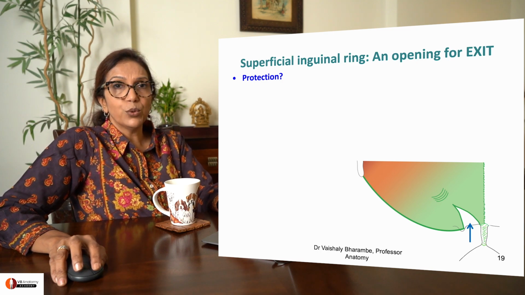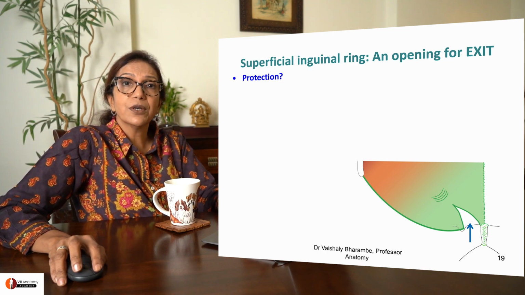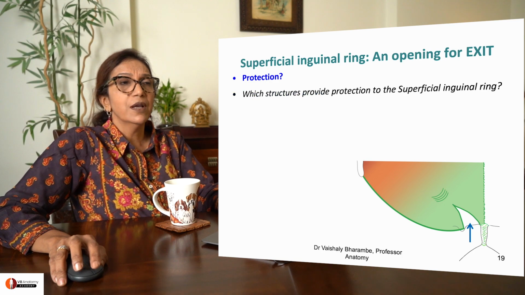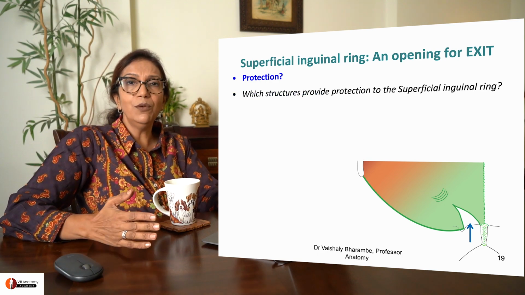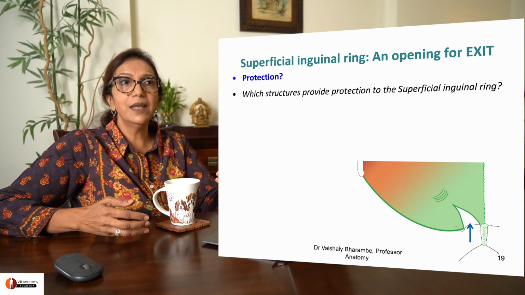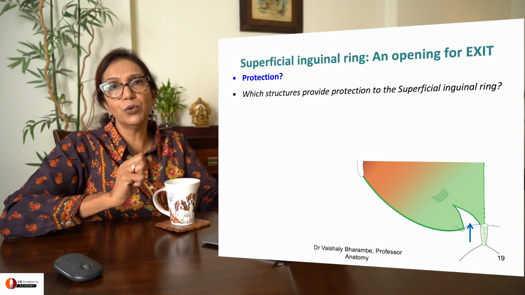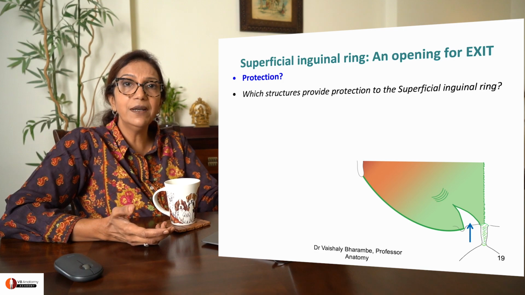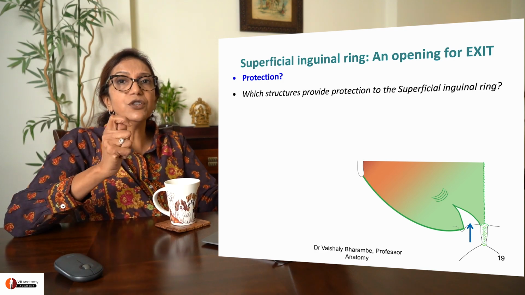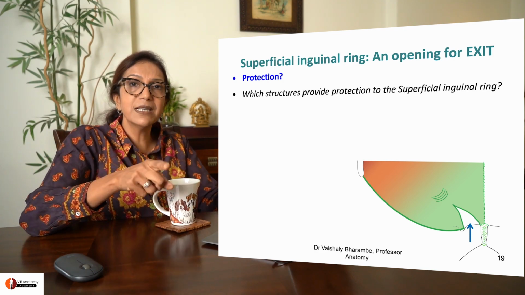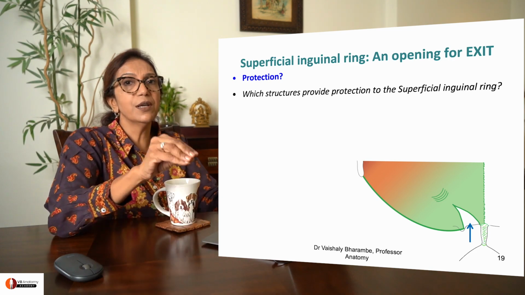Now question is protection. Why do you need protection? What is this protection? Question is, abdominal wall is a complete wall. There is a gap in it. Structures are going to want to come out through the gap. How do you prevent it? By providing protection to that gap. What is the gap called? Superficial inguinal ring.